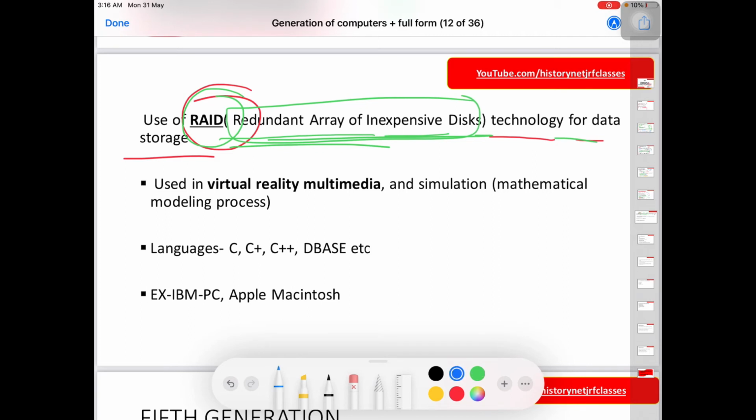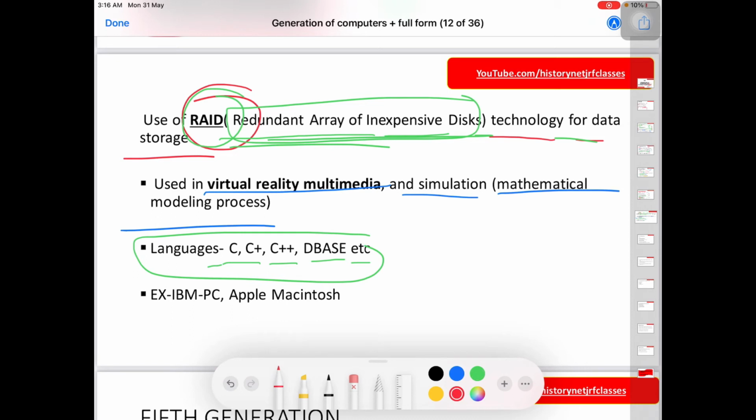There is also use of virtual reality, multimedia, that is 3D, and simulation, which helps in performing mathematical modeling. Languages are C, C++, dBase, etc. Examples are IBM PC and Apple Macintosh. PC is for portable computers.